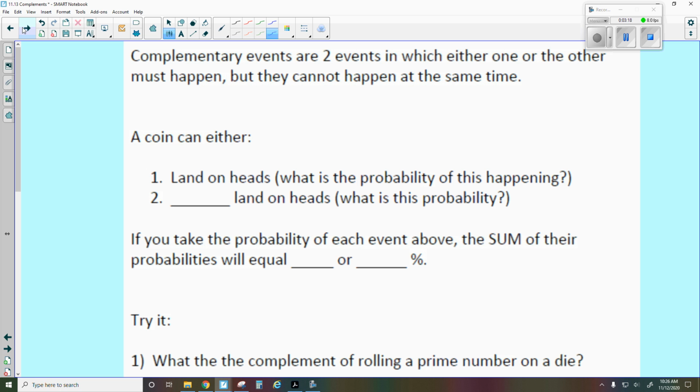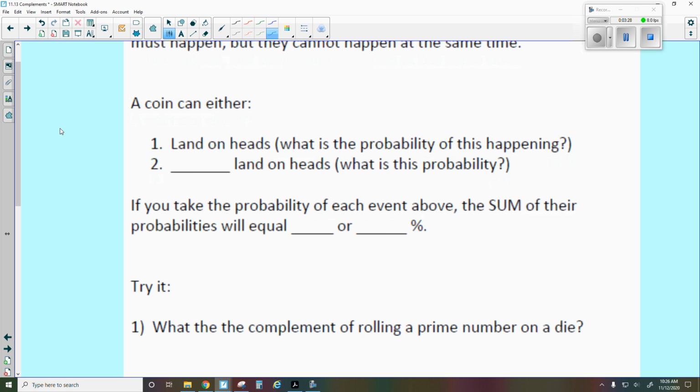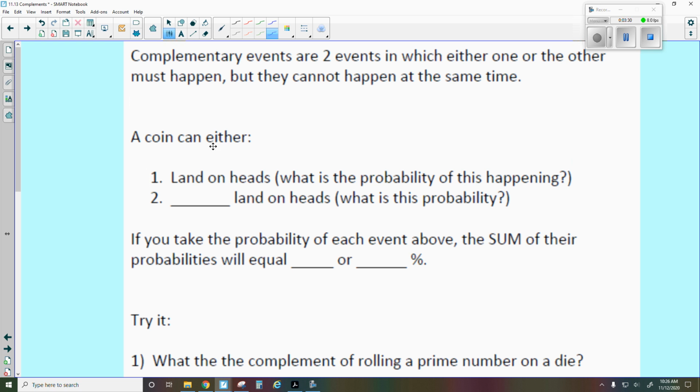All right, let's look at some examples. Complementary events are 2 events in which either one or the other must happen, but they cannot happen at the same time. So for example, a coin can either land on heads, which is 1/2.